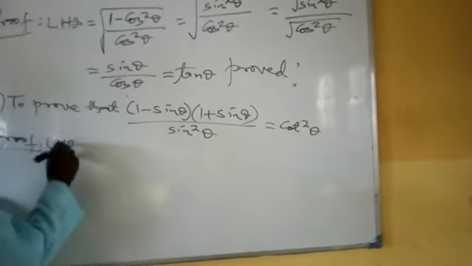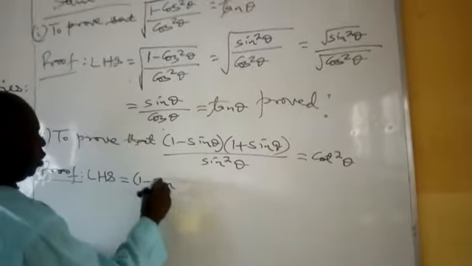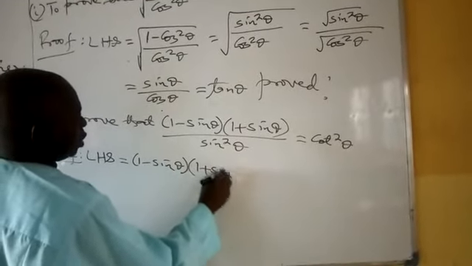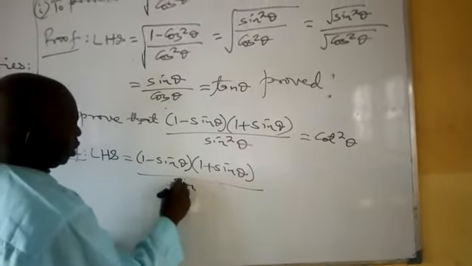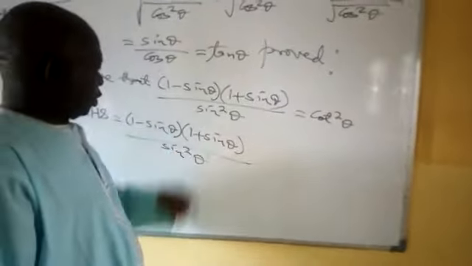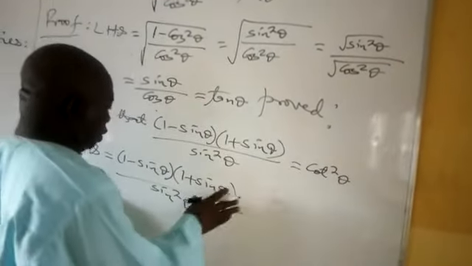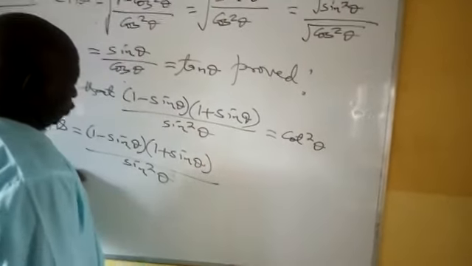Again, we can start from the left hand side. Left hand side is equal to 1 minus sin theta into 1 plus sin theta over sin square theta. Now if you observe 1 minus sin theta into 1 plus sin theta, this is the expansion of the difference of two squares.